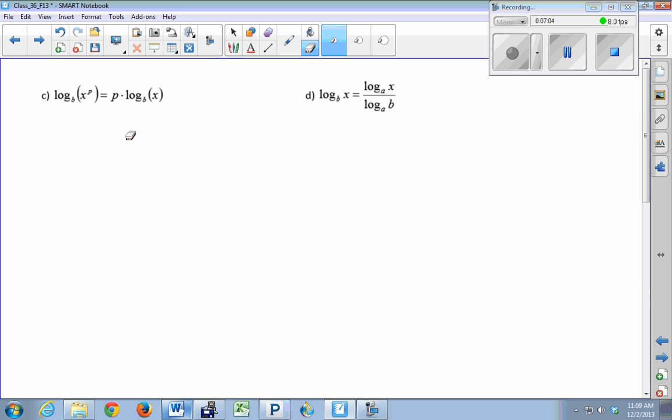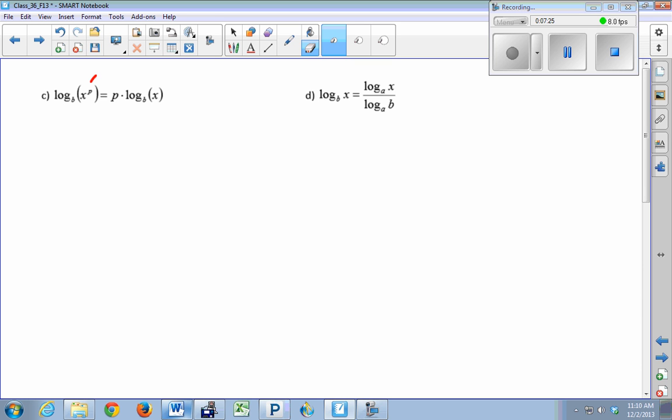Here we have log base b of x is a power, and that's being raised to another power, the power of p. So this is similar to our power raised to a power. So what happens is that the two exponents multiply each other. So the p comes down in front.